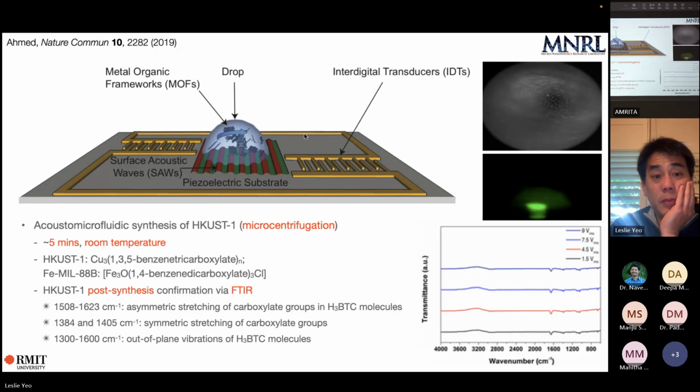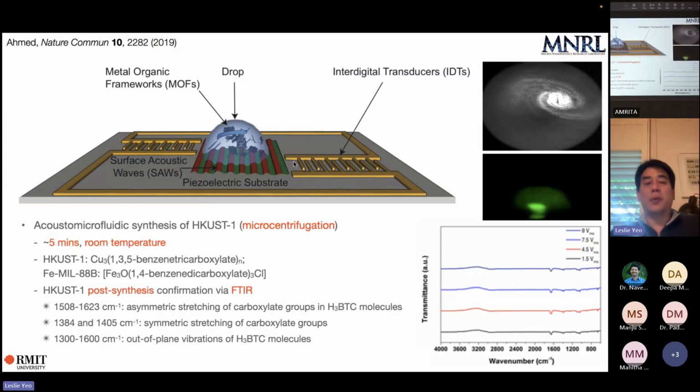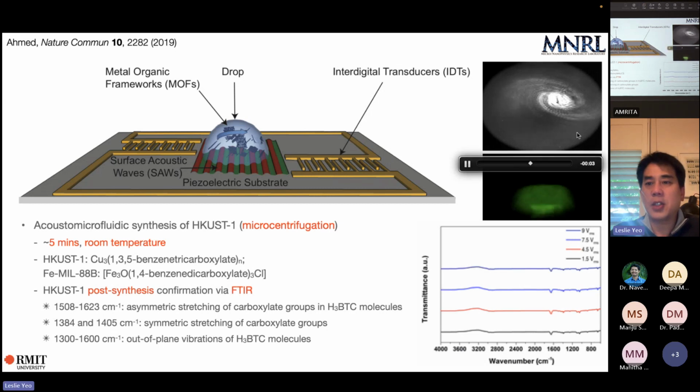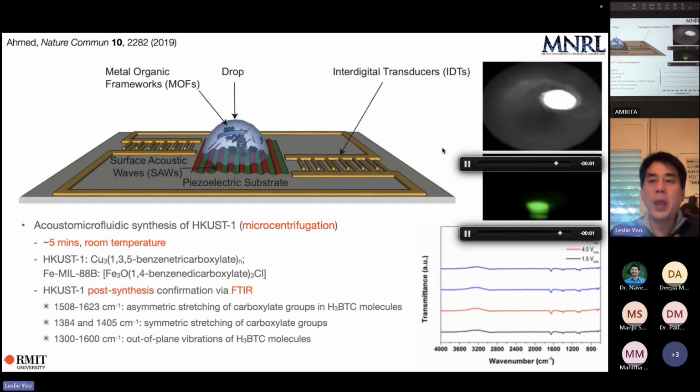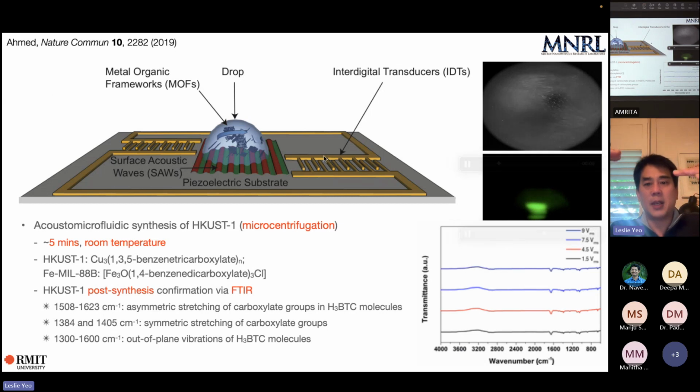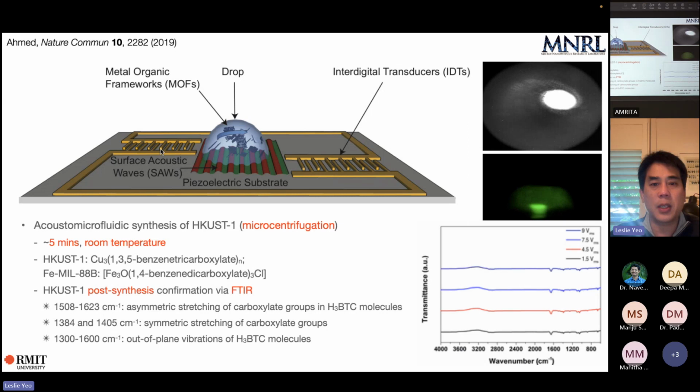And the experiment is just simple. Here we just put a drop of the MOF precursors, a sessile drop, onto the chip itself. So that's the chip. We just put them on and we drive a centrifugation flow. And the way we do this is we offset the electrodes. You can see we use one on this side and one on this side.